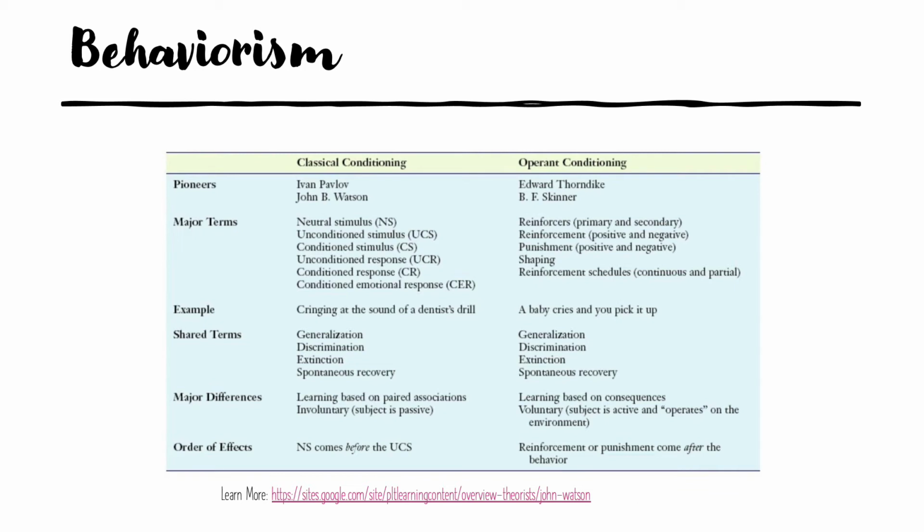There are two different approaches: classical conditioning and operant conditioning. If we were in class, I would ask you to tell me the difference. Take a few minutes and review this slide. They are lined up here side by side, along with a link where you can go and read more about this.